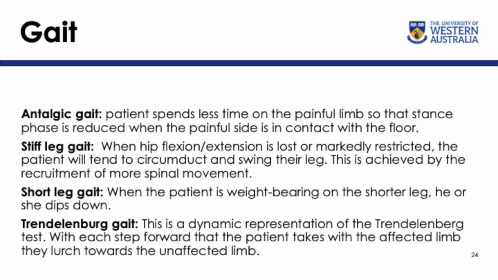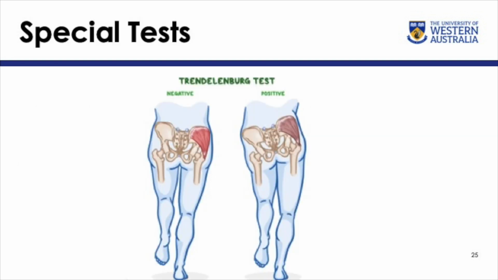To understand the biomechanical basis of the Trendelenburg gait, we'll have a look at the Trendelenburg test in greater detail. This is the Trendelenburg test. Normally the examiner will place a finger on each anterior superior iliac spine and ask the patient to stand on one leg.